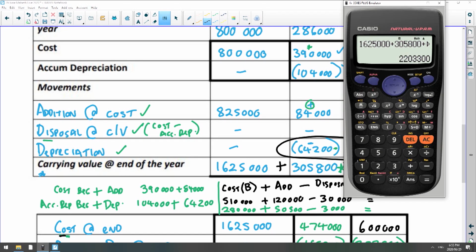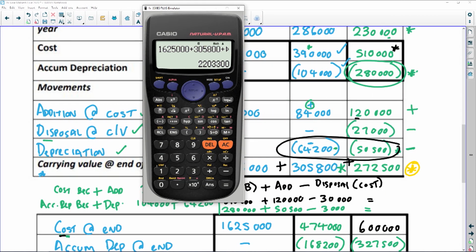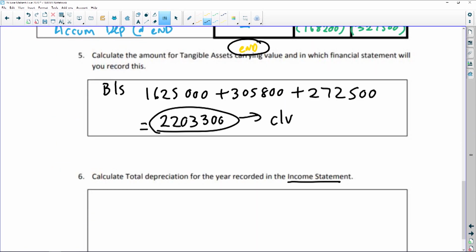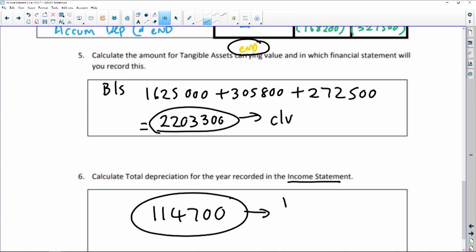So all you're doing is adding up depreciation on equipment, 64,200, plus depreciation on vehicles, 50,500, and that gives us an amount of 114,700. So this is what you would show as depreciation in the income statement.